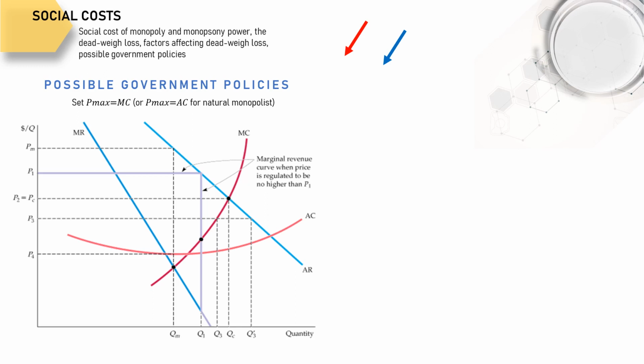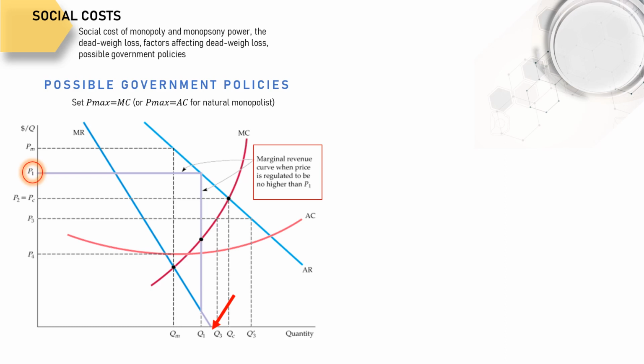For instance, when the price is set at P1, then the demand curve facing the monopolist is now this. And as a consequence, the marginal revenue curve is now this purple line. So, the monopolist will set the quantity at MR equals MC and at a price level of P1.